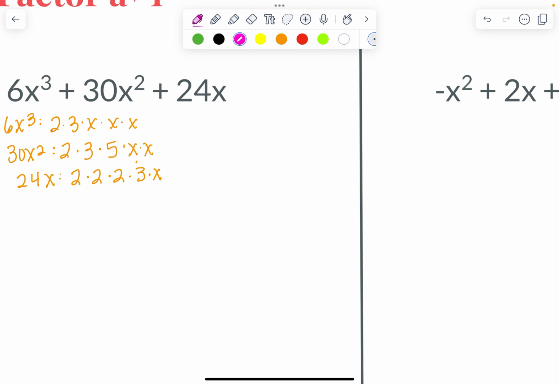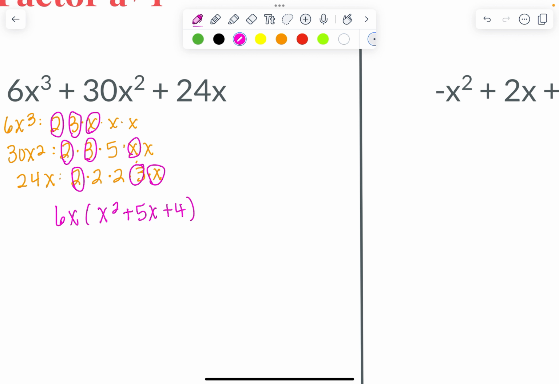And it looks like I have a 2, a 3, and an x that's common to all of these. So we have 6x on the outside, and we're left with x squared plus 5x plus 4.